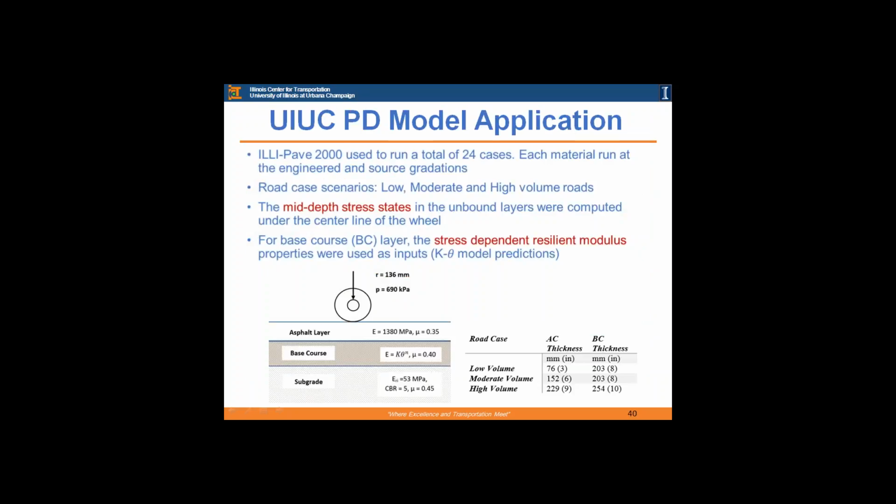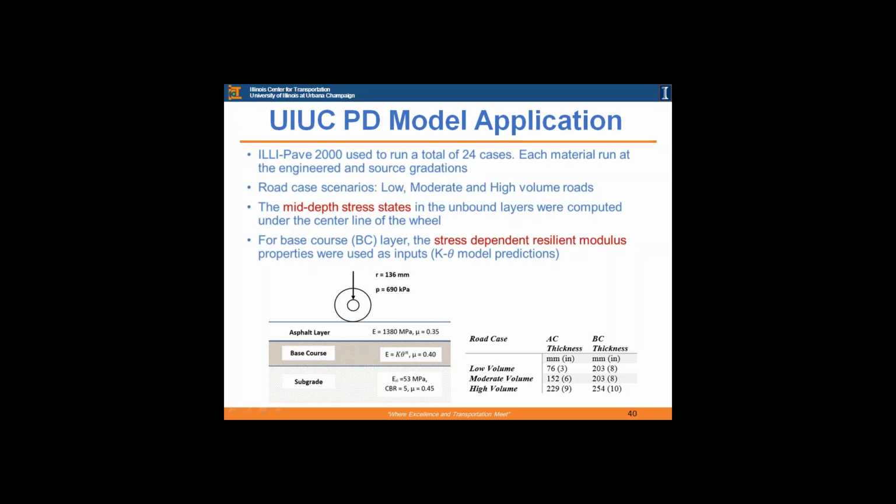And this is just an example, design example for the model where we actually designed for a low volume road, moderate volume road, and high volume road. And the differences between the three is the layer thicknesses for the asphalt concrete and then the base course layer. So for low volume, for example, it's 3 inches, 8 inches for asphalt concrete and base course. And for the high volume road, it's 9 inches, 10 inches.